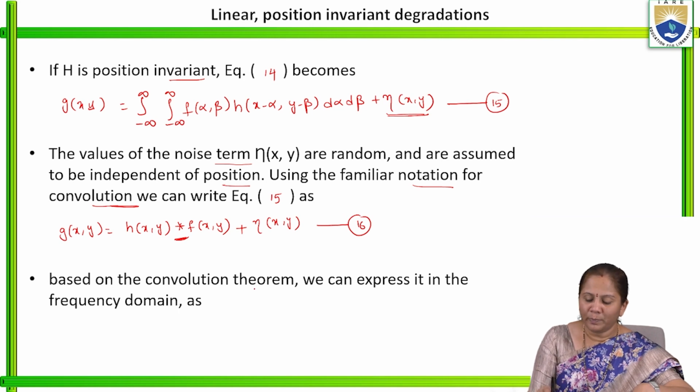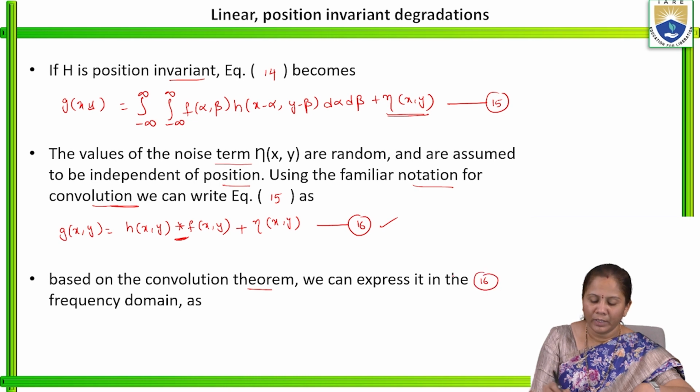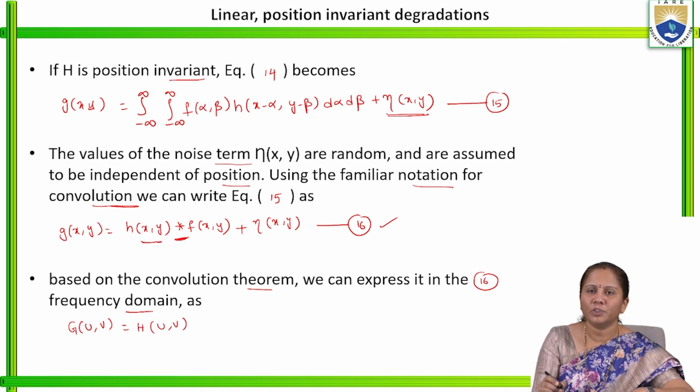Now, based on the convolution theorem, we can express equation number 16 in the frequency domain. We can represent g of u comma v is equal to H of u comma v, where h of x comma y in the frequency domain becomes H of u comma v.